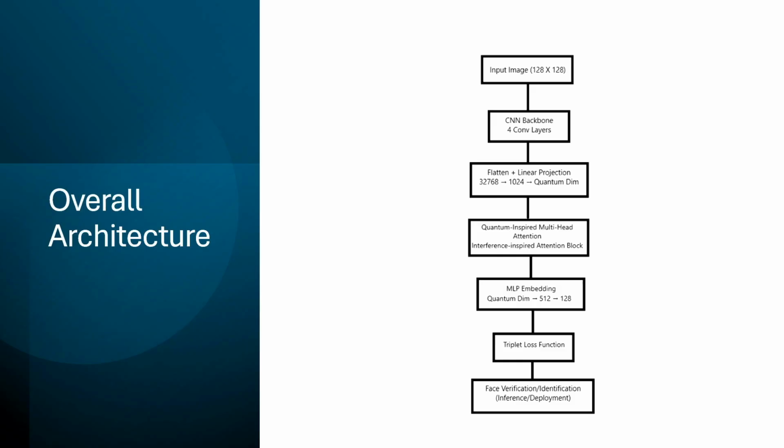So you filter out here what is really important and what is not. Then you pass it into quantum-inspired multi-head attention, so that the model can learn different aspects of the facial recognition itself. And the entire pipeline is driven by a triplet loss function. We'll be diving into each one of those in just a second.